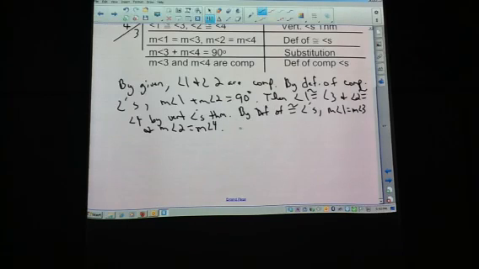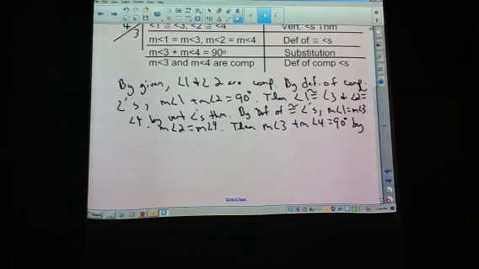Okay? Then the measure of angle 3 plus the measure of angle 4 equals 90 degrees by substitution. Oops. Let's erase. Maybe.